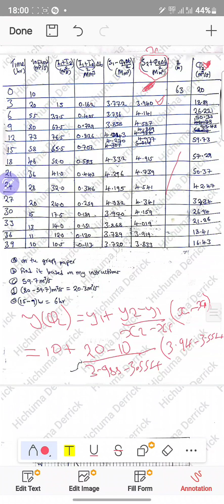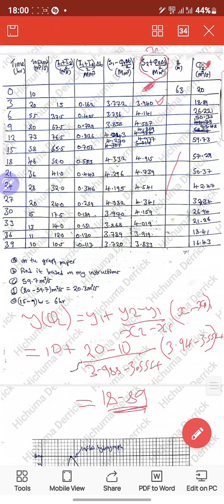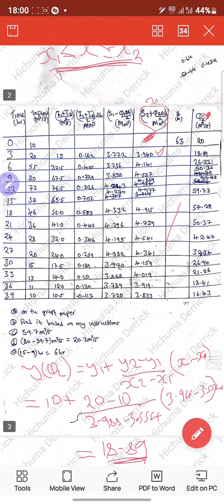If you mess around here, you get a negative, so you need to be very careful. And then when you punch this whole figure, you get this number which we just got here, which is 18.89.